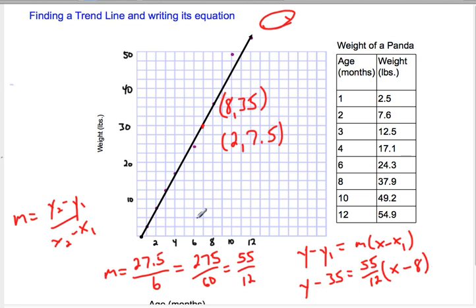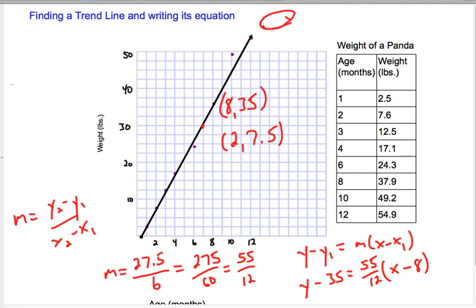So here's the equation of this trend line in point slope form. If we wanted to put it in slope intercept form, we could solve for y. We could also put it in standard form if we wanted, but this is fine for now. And again, we can use this equation to interpolate and extrapolate.